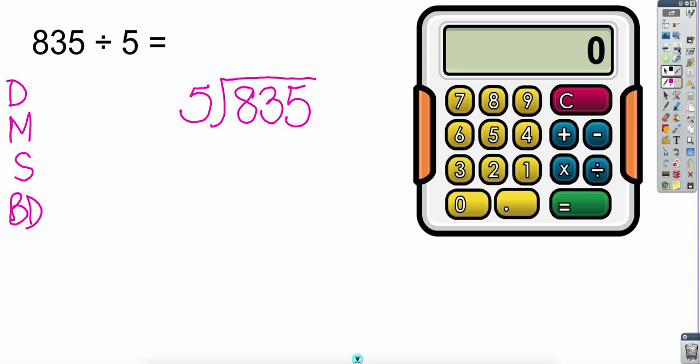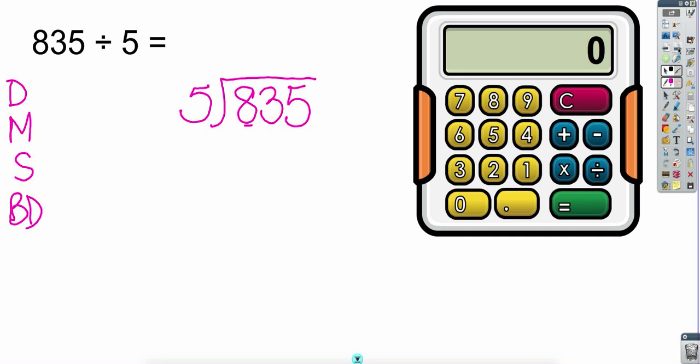So I'm going to ask myself, how many times does 5 go into 8? And we're using the first digit inside the house. So how many times does 5 go into 8 without going over? What that means is that when I skip count by 5, I can't go past 8.